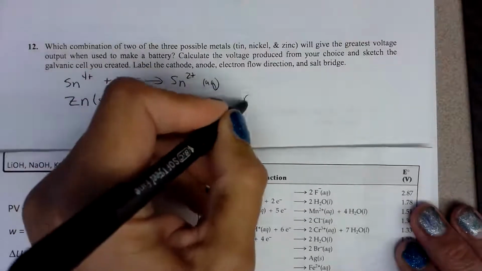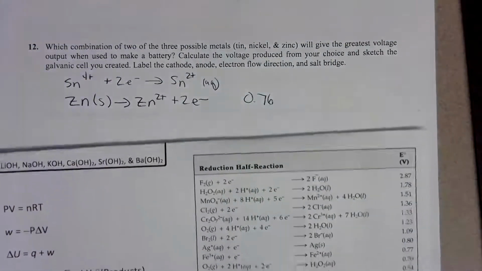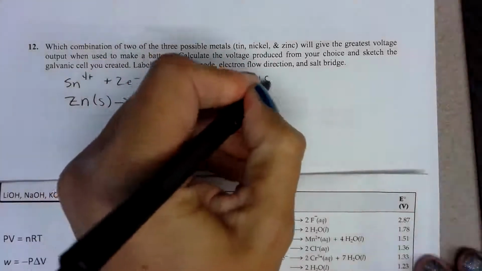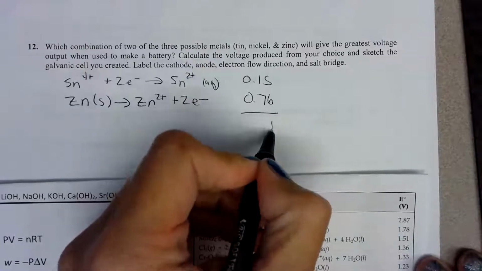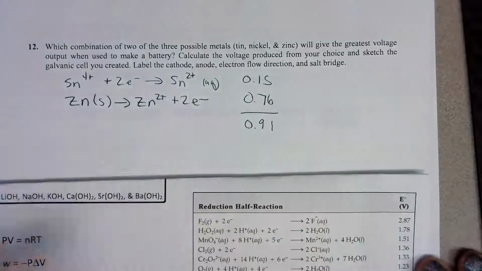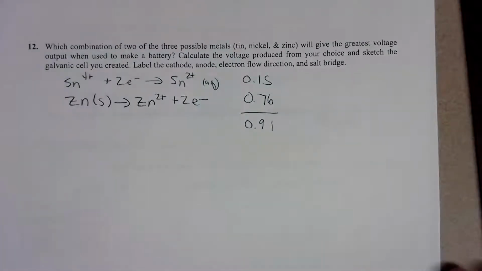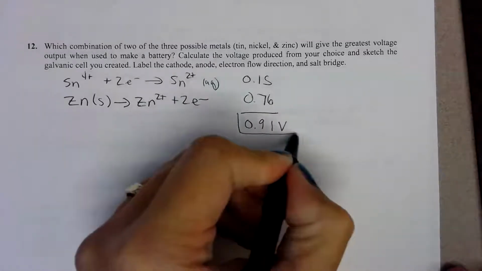So instead of being negative 0.76, it's positive 0.76, and the value from the table for tin was 0.15. So now when you add those together, 0.91. Not as good as a 9-volt battery, but getting there. So that would be the voltage that you could generate.